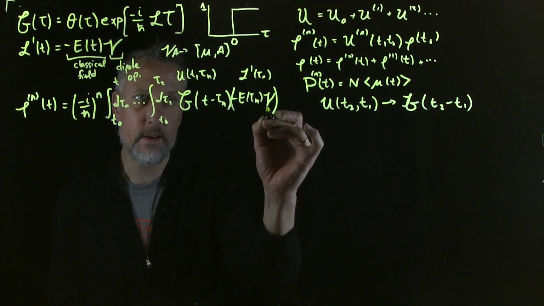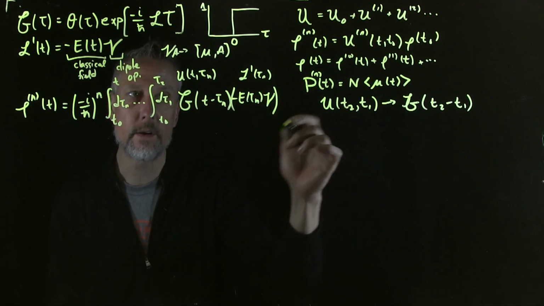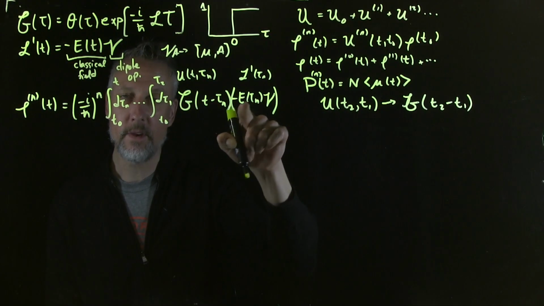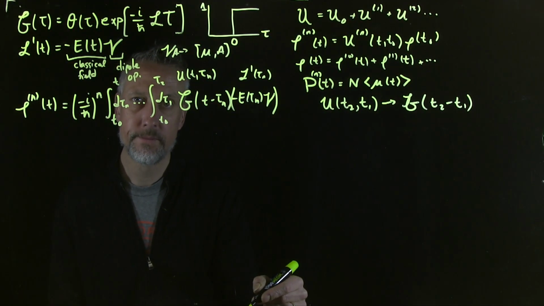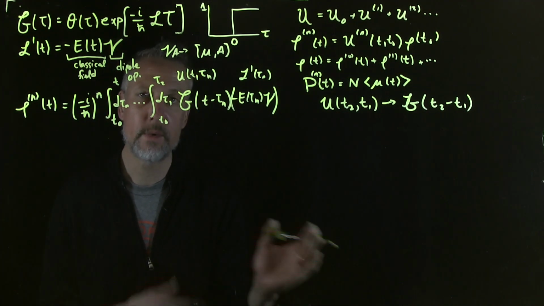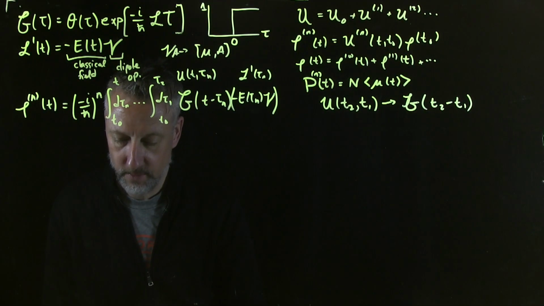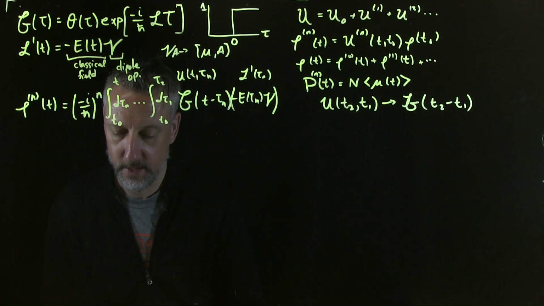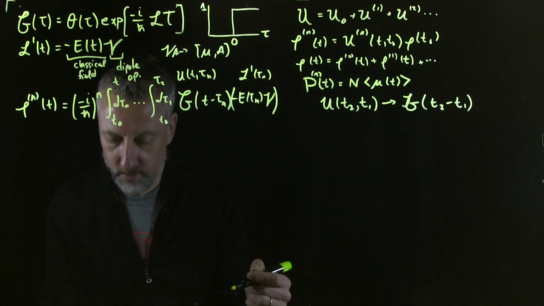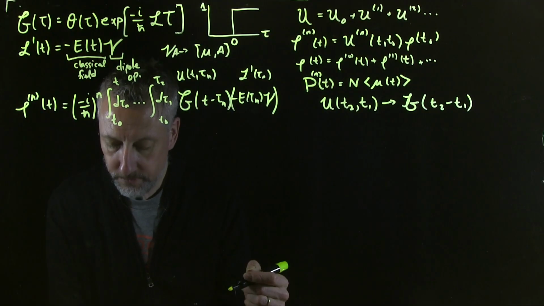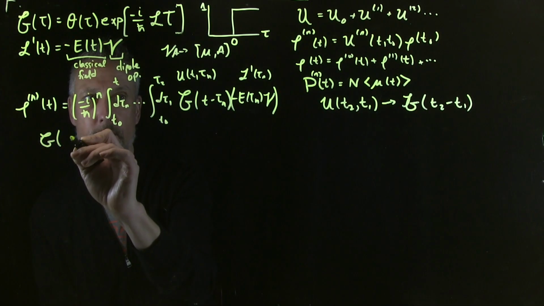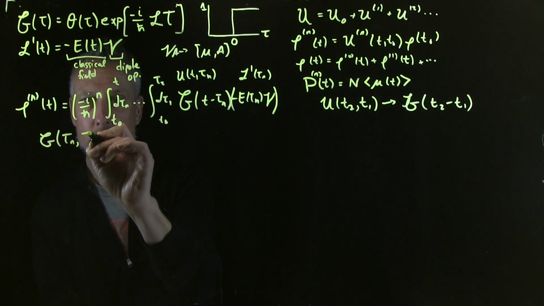So this thing here is a constant, and this a constant operator. And this is a scalar. It's not even an operator. It's just a number that depends on the time tau n. Of course, in real life, the field will have a vector, the dipole moment will have a vector, and we have to worry about the scalar product of them in physical space. But let's not worry about that for right now. For right now, if you want to think about it this way, the field is aligned along the dipole moment of the molecule.